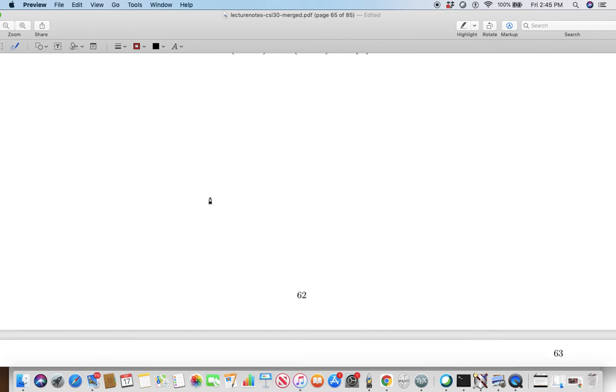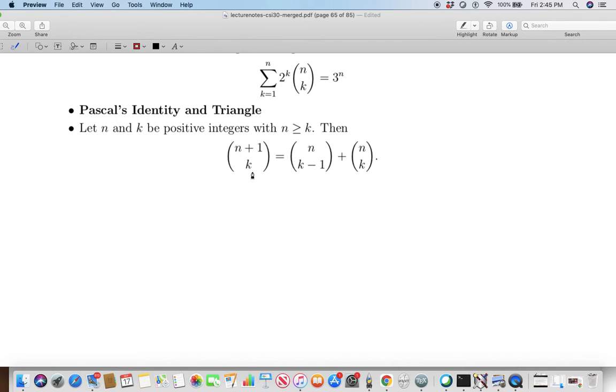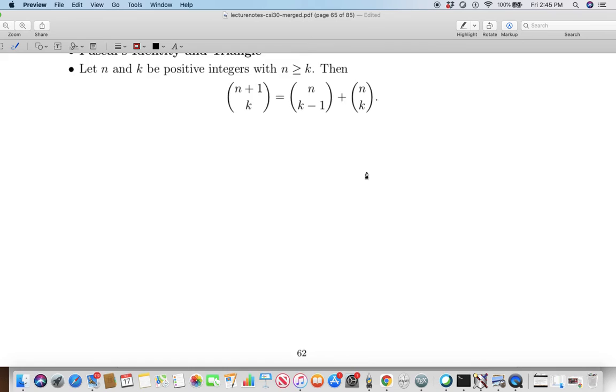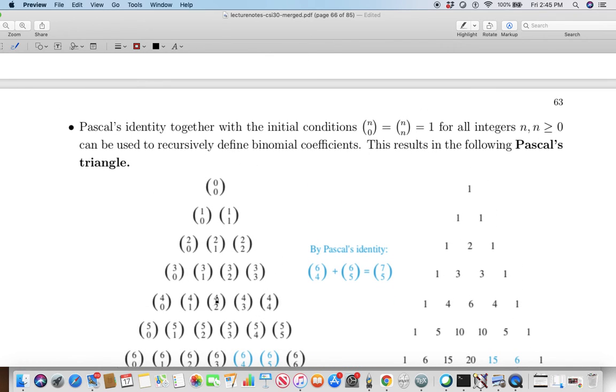Our result here says n plus 1 choose k is equal to n choose k minus 1 plus n choose k. In other words, anybody here, this is n plus 1, and those are n, n. So this number is equal to this plus this. That's how you build your Pascal's triangle.